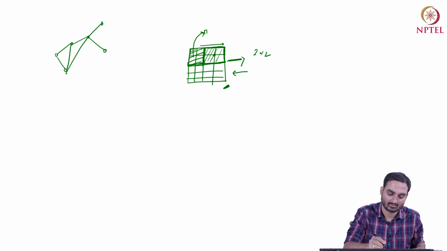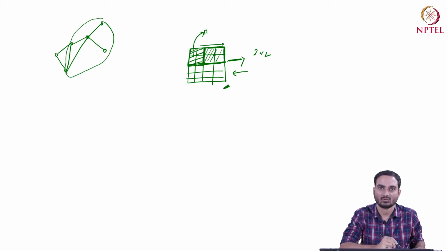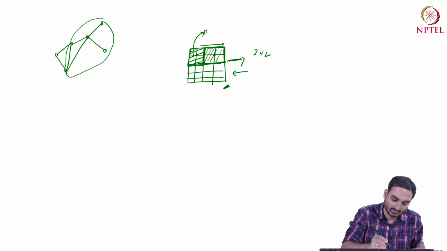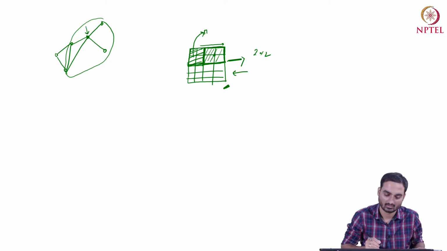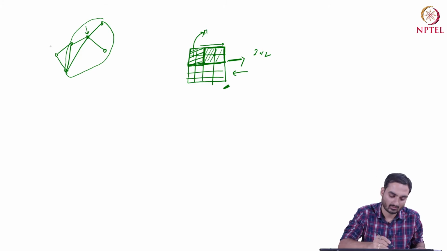But in case of graph, let us say you think of this as a central point. You can think of this as a region, say an EgoNet. Now if you assume this as a central node, you have 1, 2, 3, 4 neighbors. What about this one?